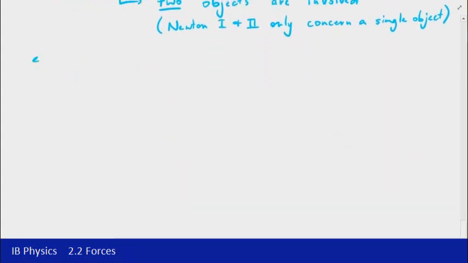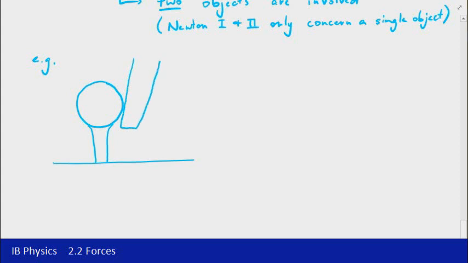To give you an example that is a fairly useful way to make sense of Newton's third law, imagine we have a golf ball that's being hit by a golf club. There's the ball, and we've got a club that's just making contact with it. Say it's an iron of some description, and this club is moving in this direction with some velocity v, and the ball is currently stationary.